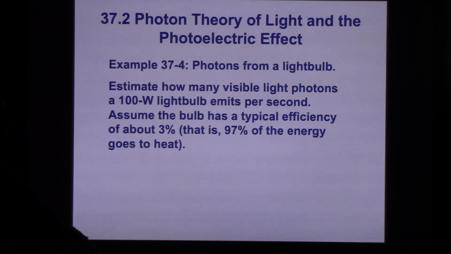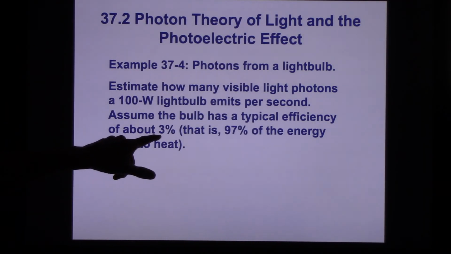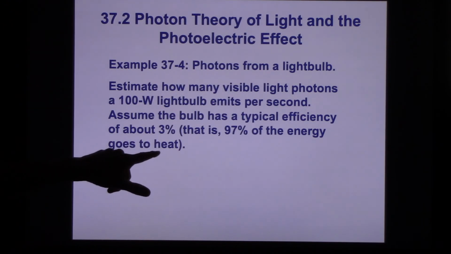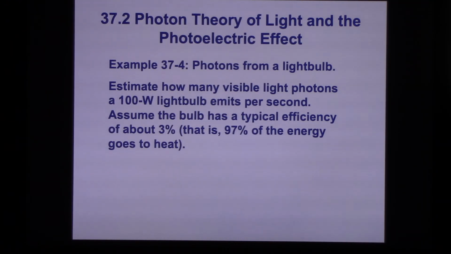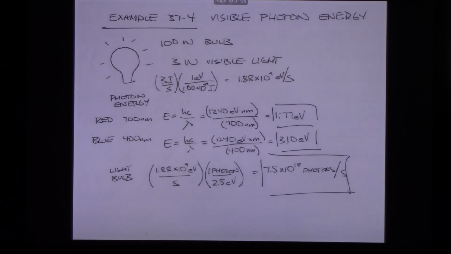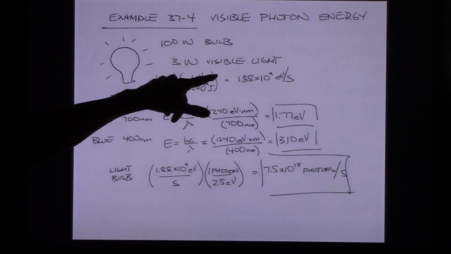Here we go. Photons from a light bulb. So they say we have a 100-watt light bulb, but only 3% of the energy is going into light. So we're going to say we have a 3-watt light bulb, not a 100-watt light bulb. So example 37.4, here is our 100-watt light bulb that turns into a 3-watt visible light bulb.